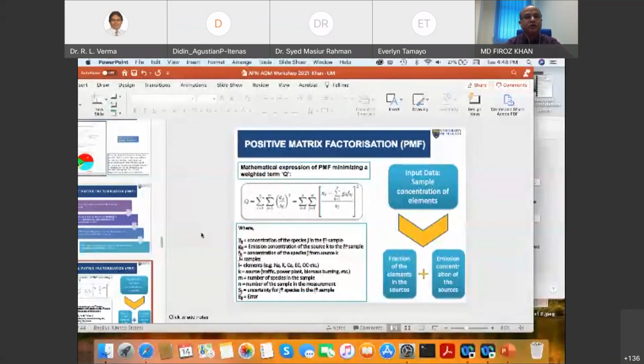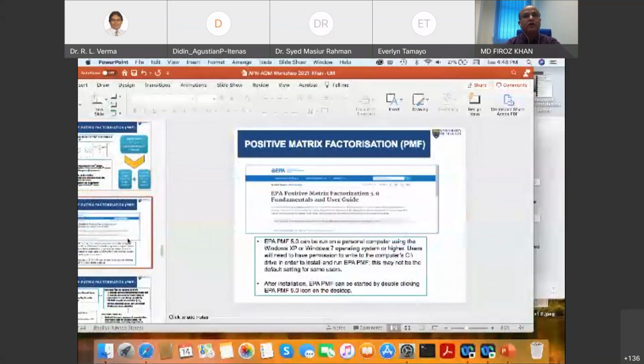Right, let's move on from here. US EPA later introduced a Windows version of PMF. They use the algorithm from Professor Paatero. You can also use the algorithm by yourself, but the Windows version introduced by US EPA is simpler, user-friendly, and compatible with Windows until Windows 10.